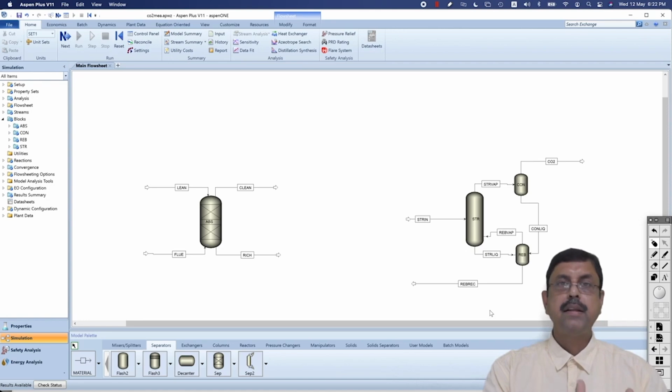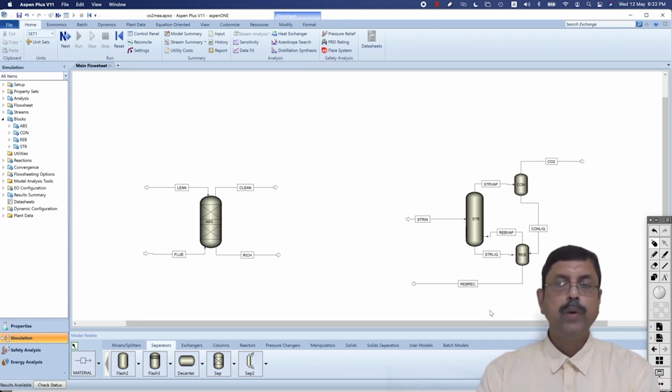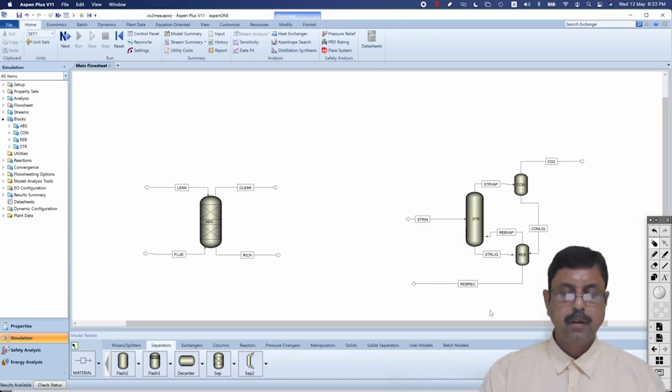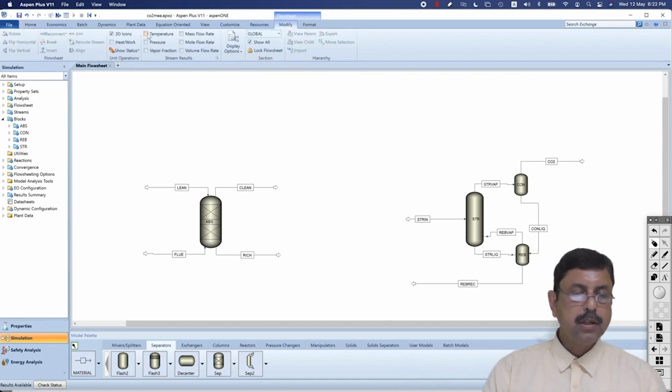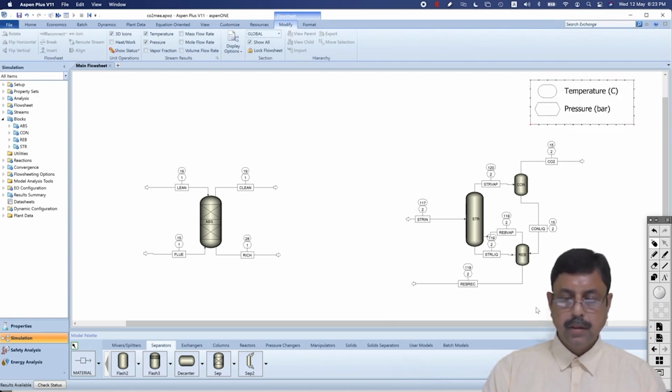We have verified the absorption column and the stripper column separately with separate input information. Now we shall add them up. First, we should see what is the temperature and pressure at various ends. So the temperature and pressure at various ends are given over here.